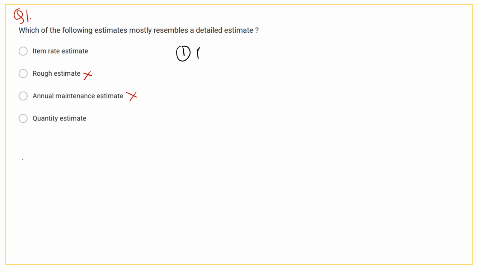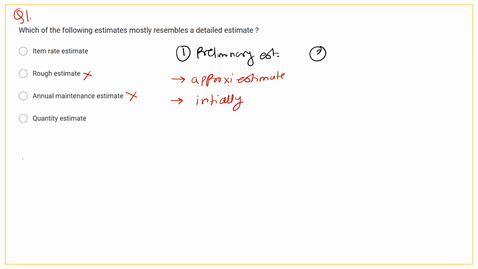So first one is preliminary estimate. Preliminary estimate is that estimate which is calculated approximately, an approximate estimate, and it is calculated initially. Then the second one is quantity estimate.